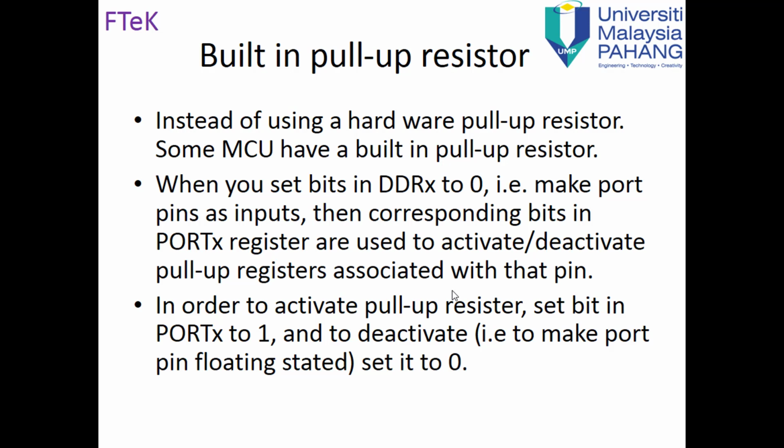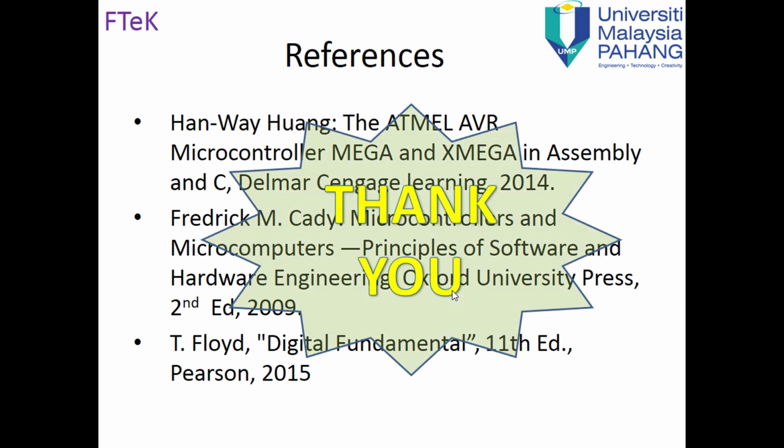Then the corresponding bit in the PORT register is used to activate or deactivate the pull up resistor associated with the pin. So in order to activate the pull up resistor, we set PORTA, or PORTB, C, D. If we set PORTA, for example, to 1, that means we are activating the pull up resistors. You will understand this in more detail later when we go through the examples.